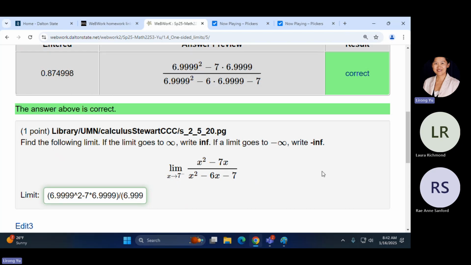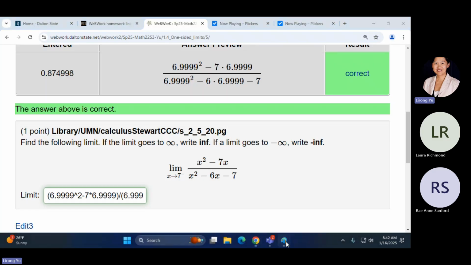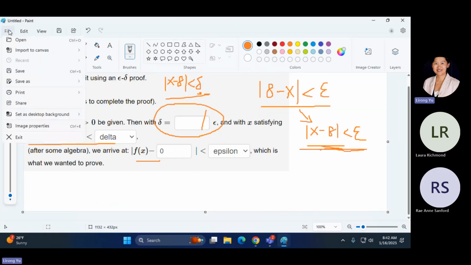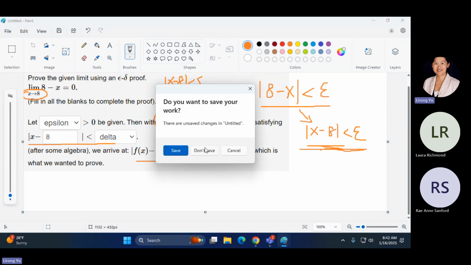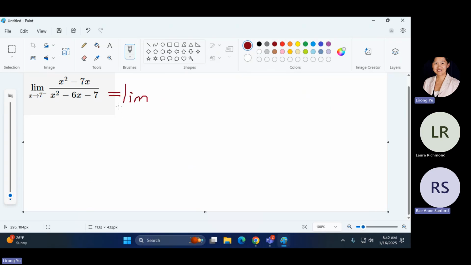And then we can do it analytically. Because we have polynomials, when x equals 7, we know it's 0 divided by 0. So x minus 7 is a factor in the denominator and in the numerator. The analytical approach is to have a better understanding of the function and factor out any common factor. After factoring out the common factor, we should have a slightly less complicated limit to work with.